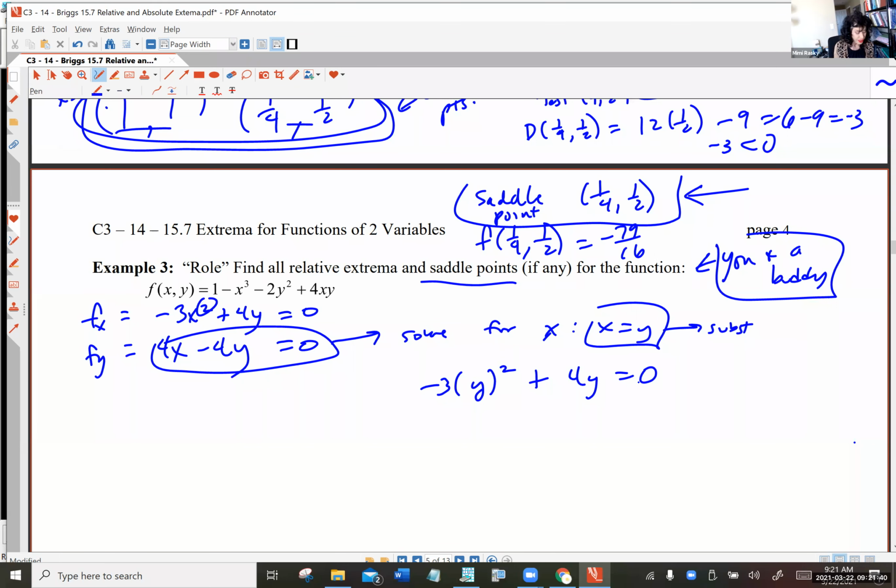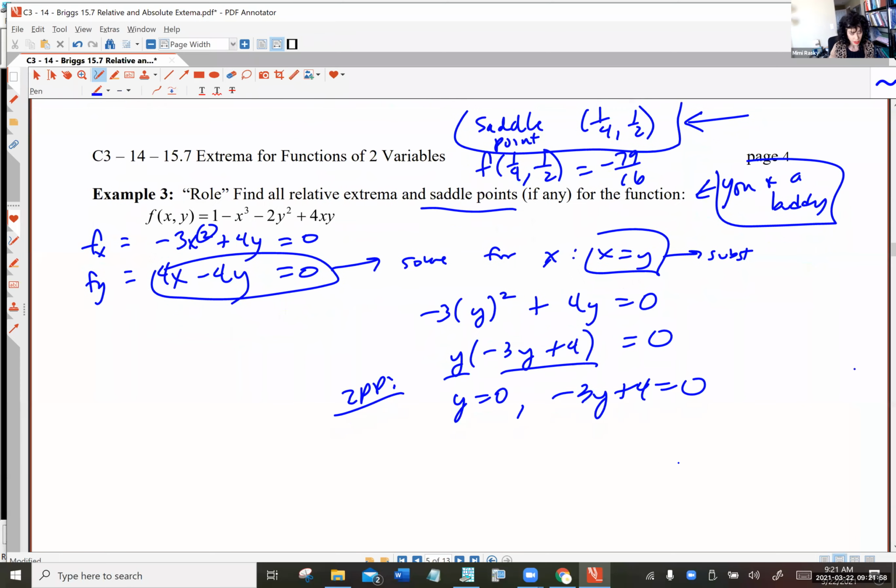Instead, I'm going to factor out a common factor, which is y. And then the other factor is going to look like negative 3y plus 4. Then I apply the zero product property, which says if something times something equals 0, I can set the factors equal to 0. Now this one I already have a solution. There's nothing to do there.